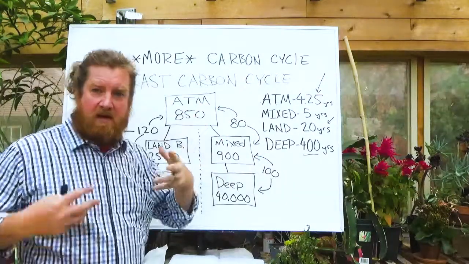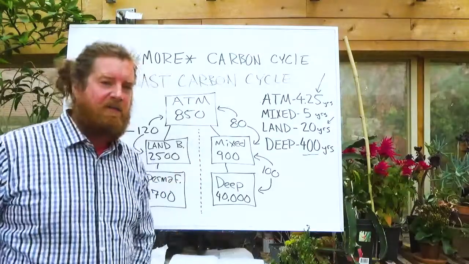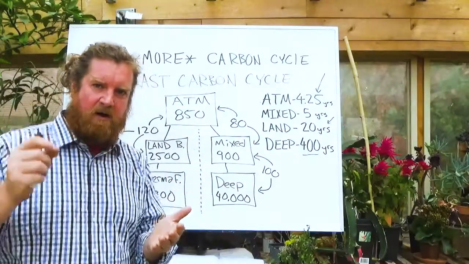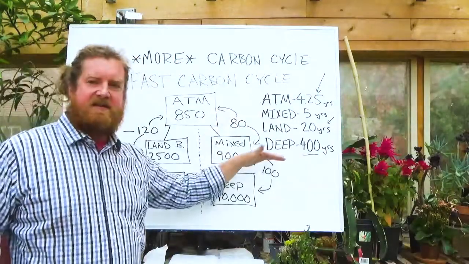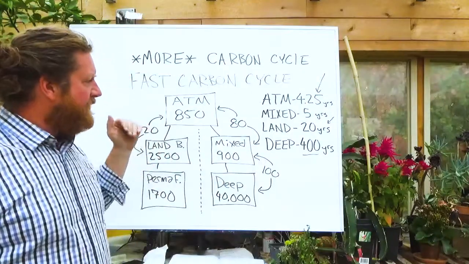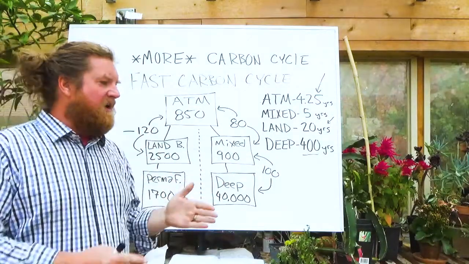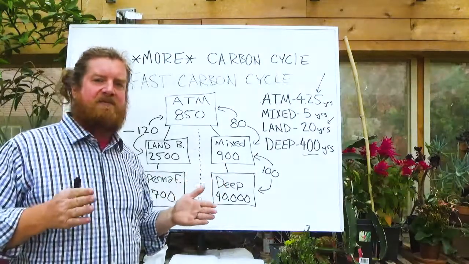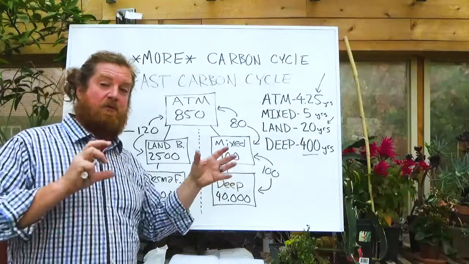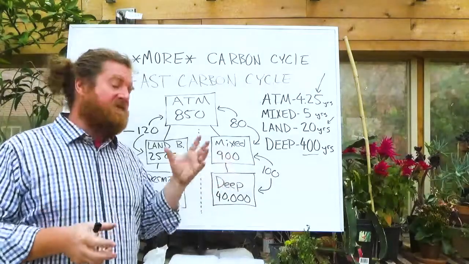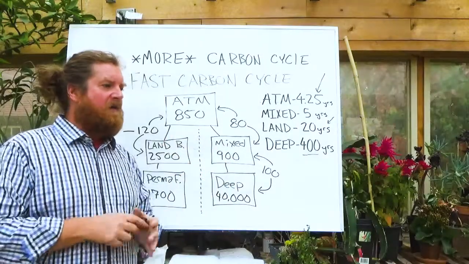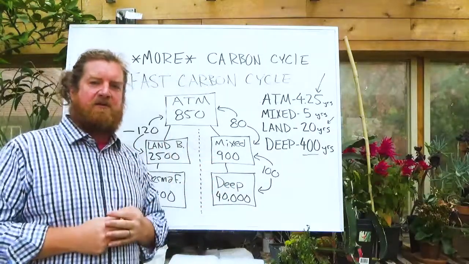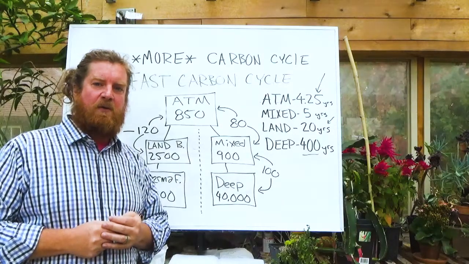It's not just someone making up how long carbon lives in the atmosphere, or individually tracking a molecule. We look at the statistics. So what we're going to see in the next video is we're going to start looking at the interaction between the carbon cycle and the rock cycle, and those numbers are much larger. And that's really when we switch over and start talking about the slow carbon cycle.